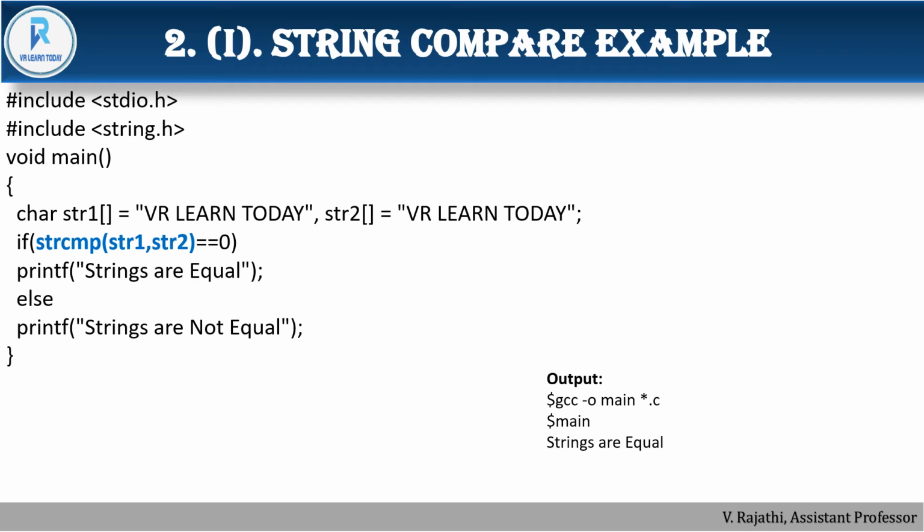So I am just going to check this if condition: if strcmp str1 comma str2 is equal to 0, obviously the strings are equal. Otherwise it's negative or positive, it doesn't matter. Anything apart from 0 means we know the strings are not equal.